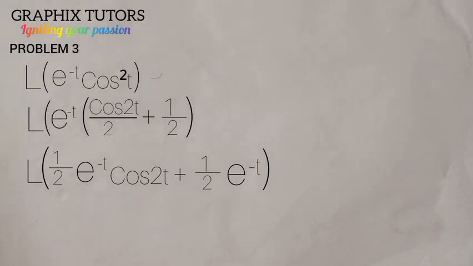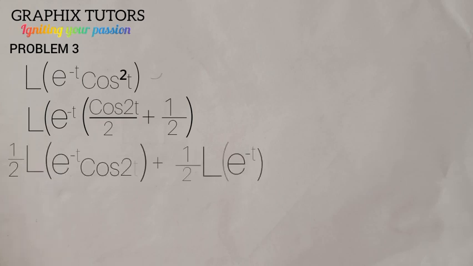Now let's start. If I now open the bracket further, I will be having this. I'll focus on the cos 2t first. With what we did earlier in our previous video, we know that we'll bring out my 1 over 2 first. You open the bracket.